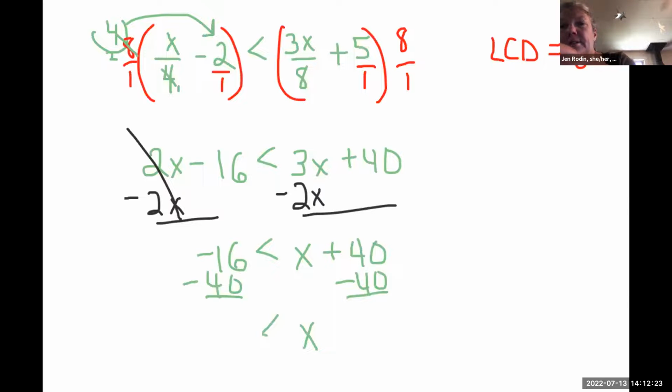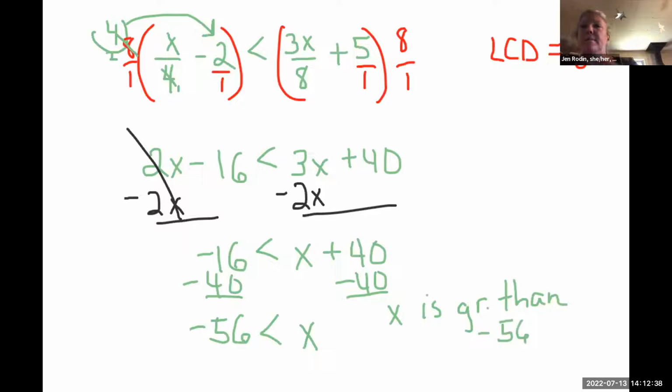So x is greater than negative 56. X, the big side of the arrow is pointing at x. X is greater than negative 56. So if I could reach all the way to negative 56 on the number line, x would be everything to the right of it, not including it.